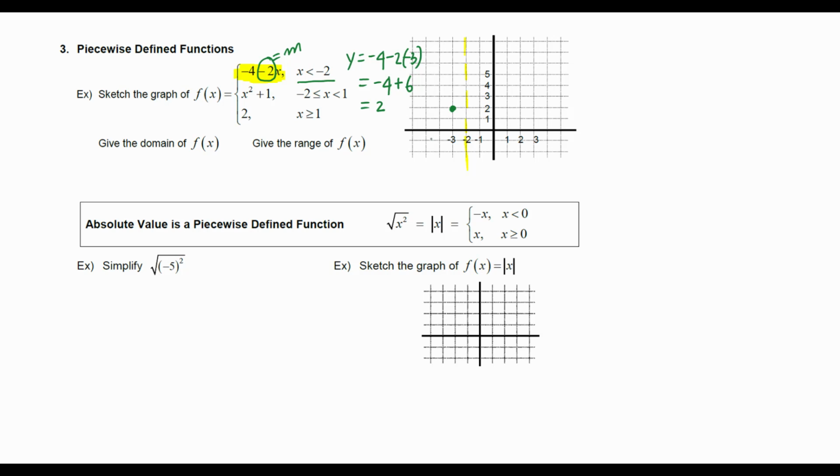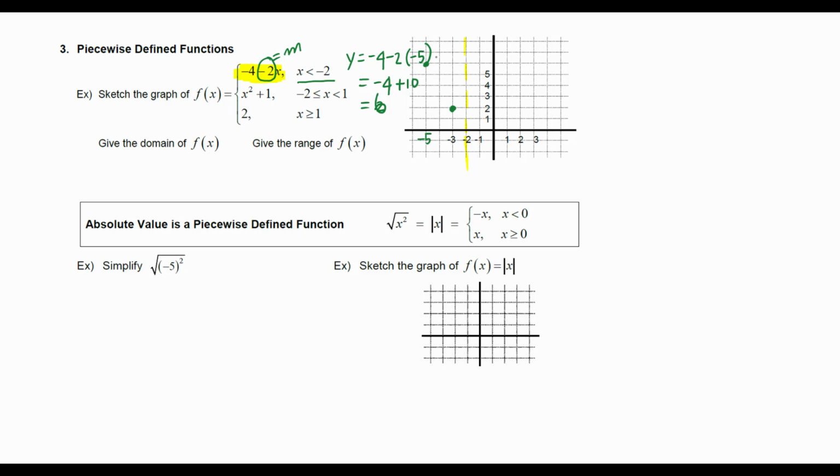And you can do the same thing with another point that is less than negative 2. So let's plug in negative 5. If x was negative 5, I will have y equals negative 4 minus 2 times negative 5. So then I will have negative 4 plus 10, and my y would be 6. So when x equals negative 5, y is 6, which is right here.